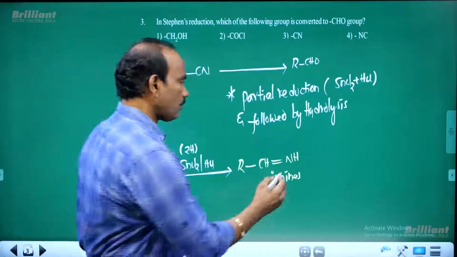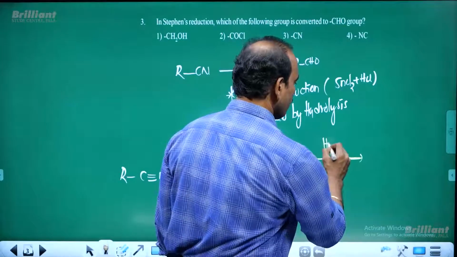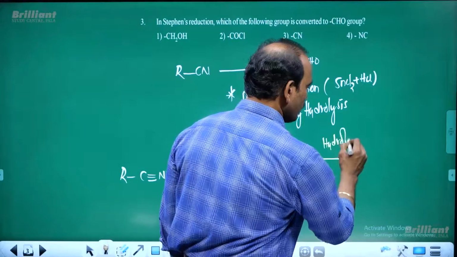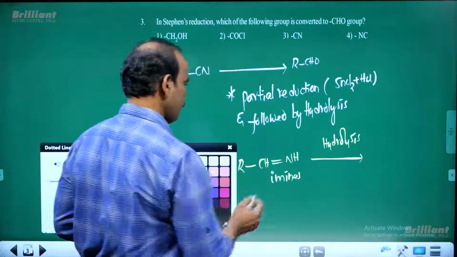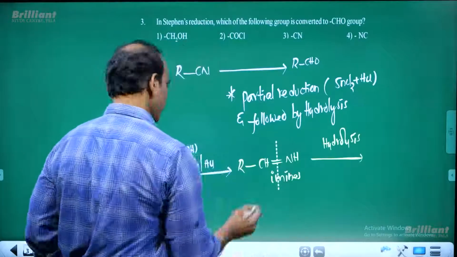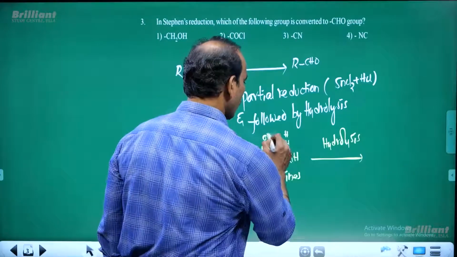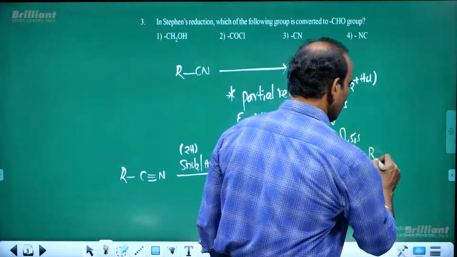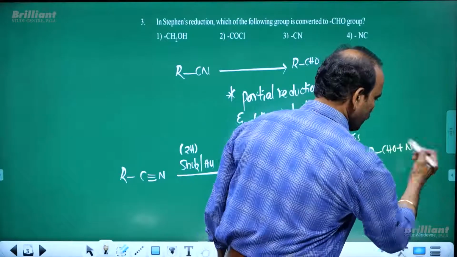Okay. Now these are subjected to hydrolysis. Then due to hydrolysis, here hydrogen and OH. So the byproduct is ammonia. This is okay?